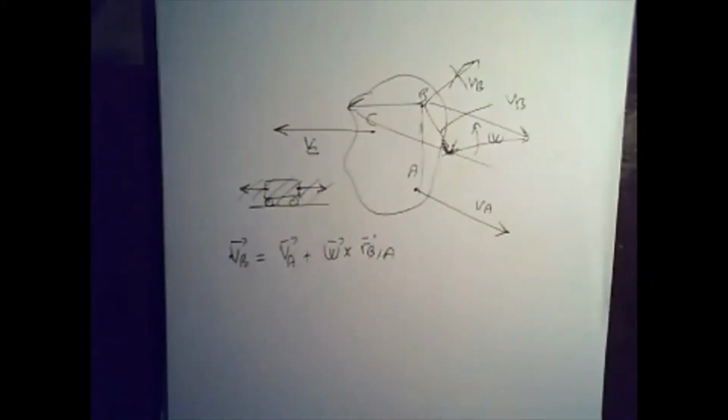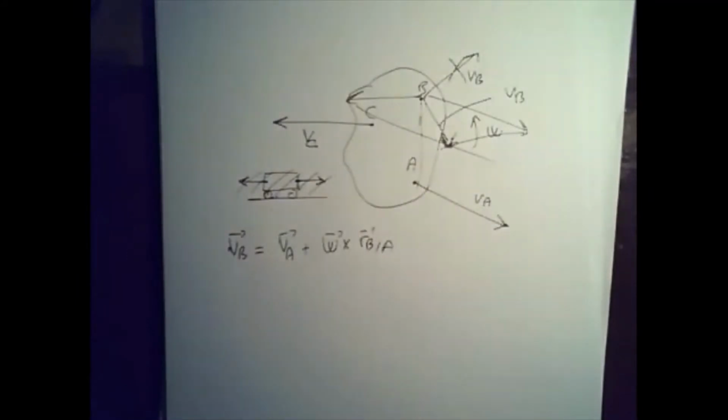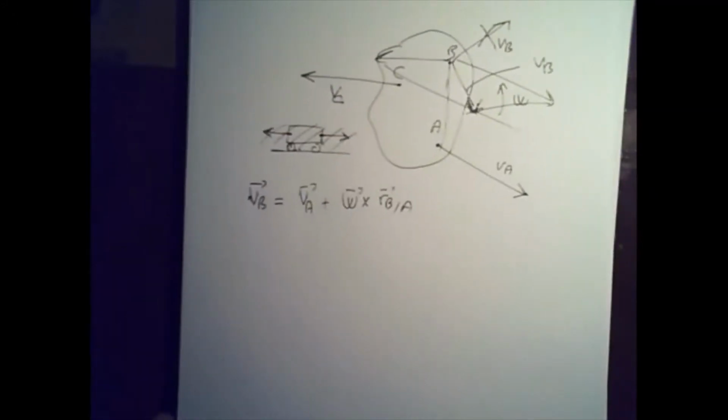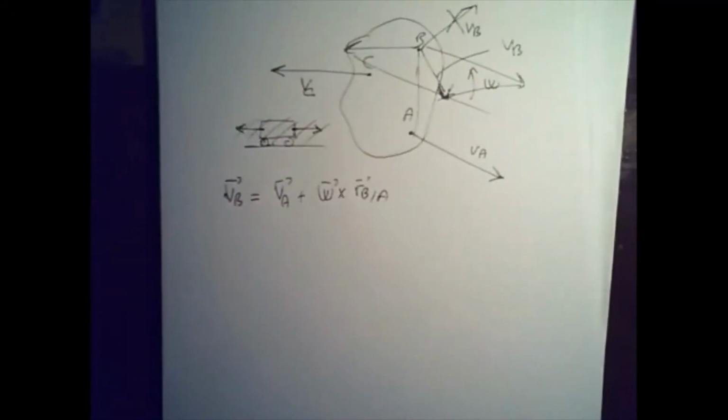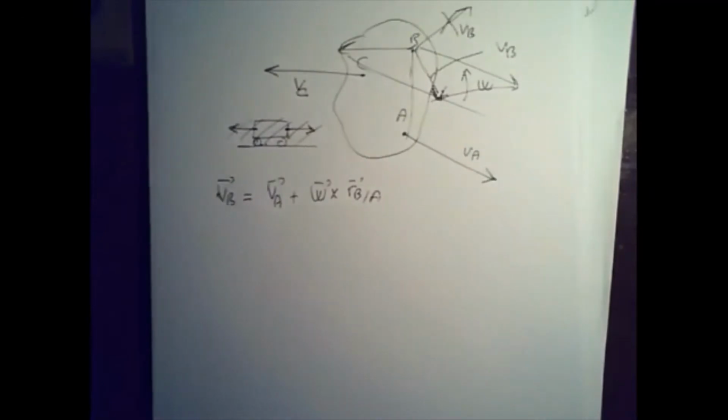Okay, so there are ways of quickly looking at these velocities and telling whether these velocity vectors make sense or not. And to do this, we are going to use the concept of instantaneous center of rotation.